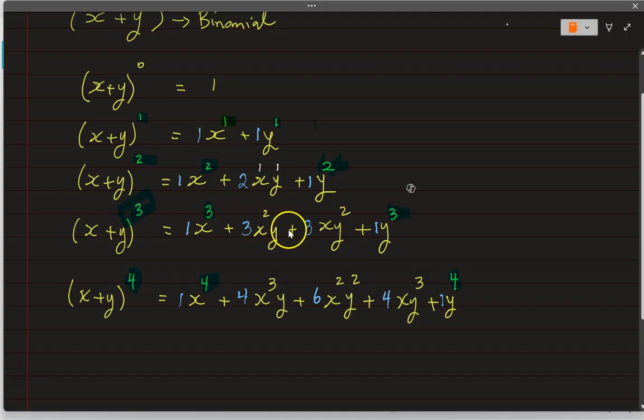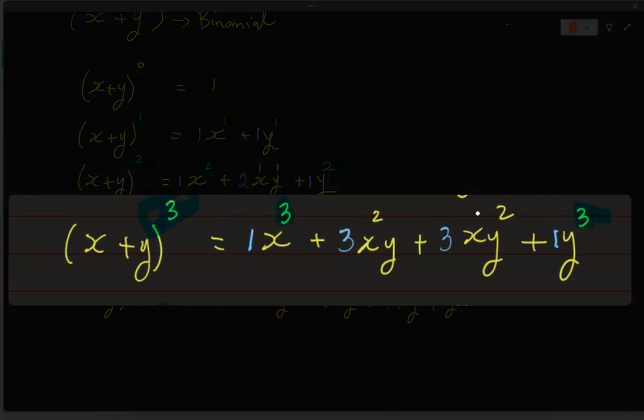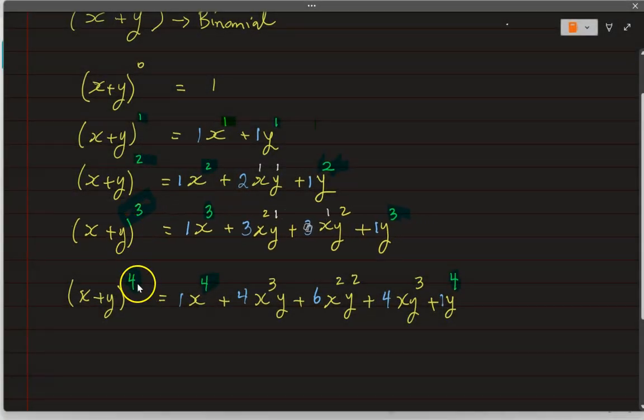So none of them will be bigger than that. So here is another, let's put 1 in here, 1 in there. So again, 2 plus 1 is 3, 2 plus 1 is 3, and that's what that is. For 4, you get 3 and 1, 2 and 2, 1 and 3. They're never bigger than 4. Okay, and those are the exponents.